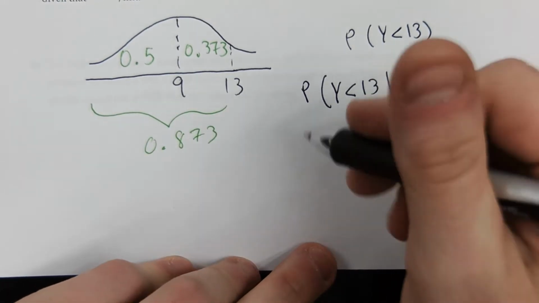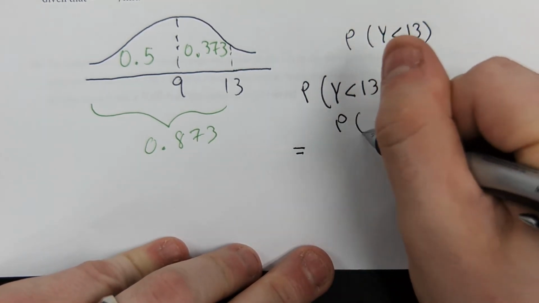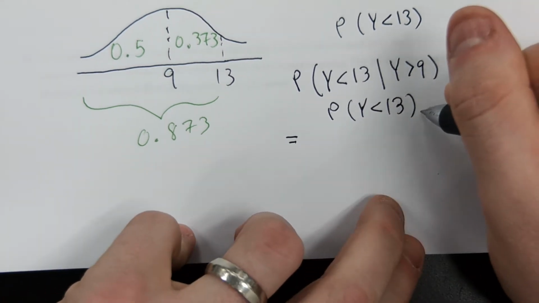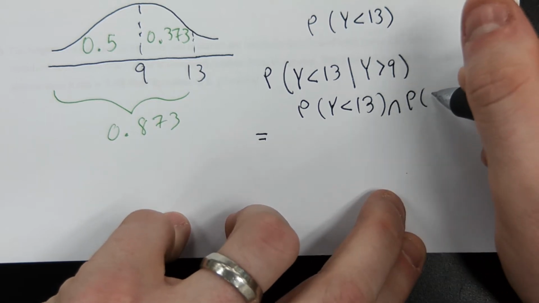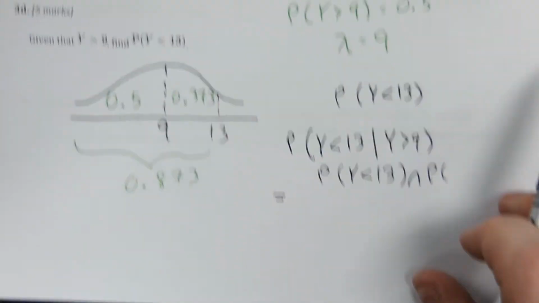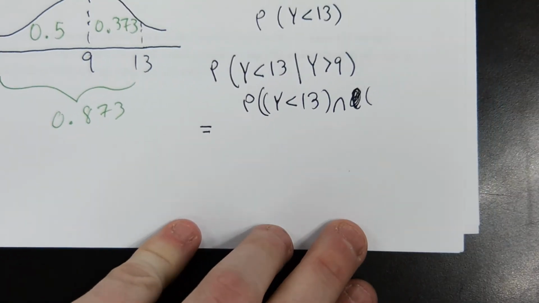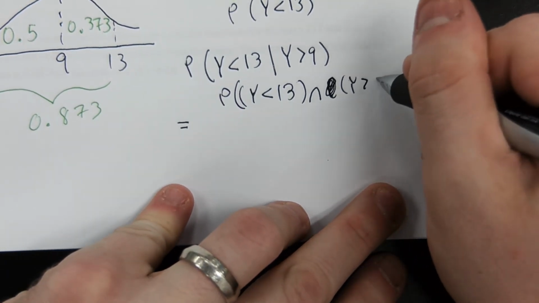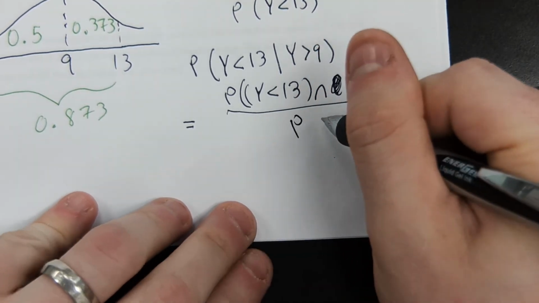The formula for that is the probability that y is less than 13 and y is greater than 9, divided by the probability that y is greater than 9.